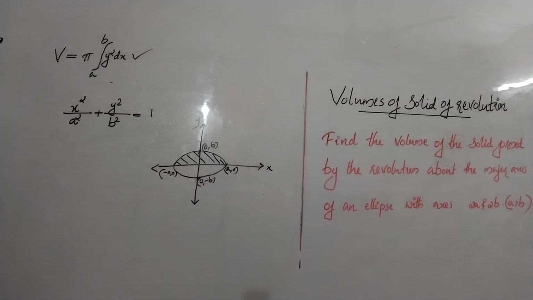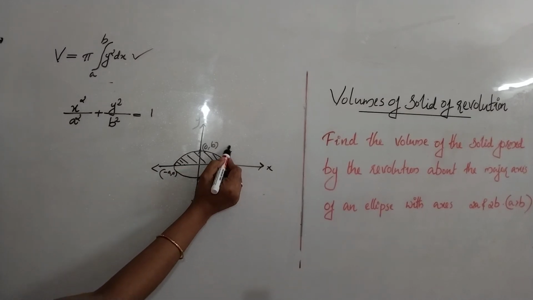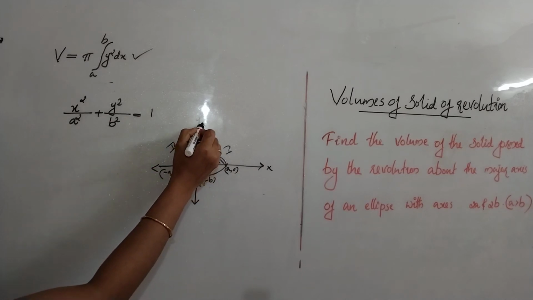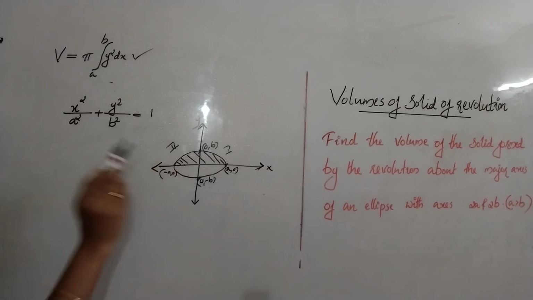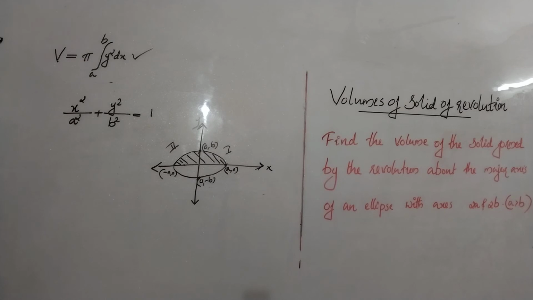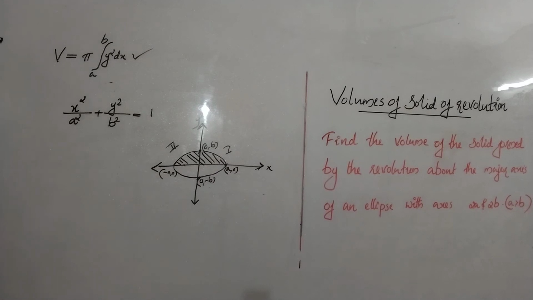So this portion of the ellipse in the first and second quadrant is revolving about the x-axis, then we obtain a volume of solid of revolution. And since the ellipse is symmetrical about the axis, the required volume is twice that of the volume obtained by revolving the part of the ellipse in the first quadrant about the x-axis.